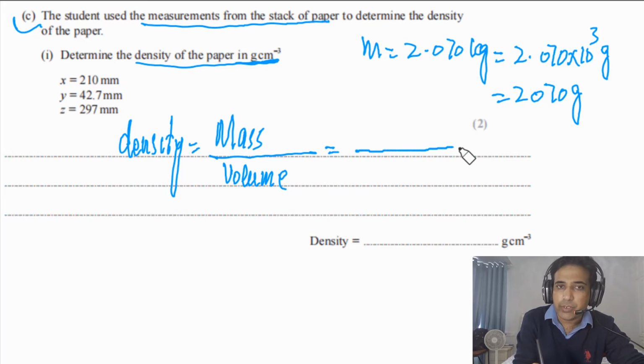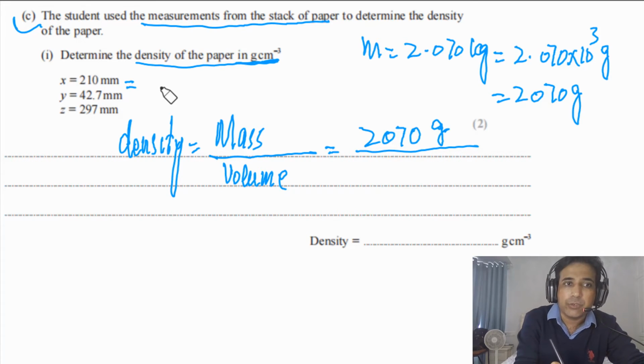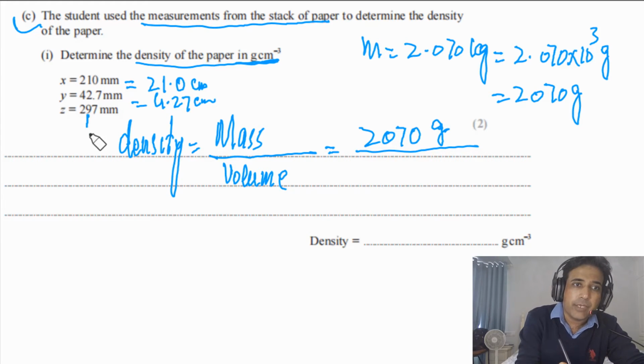So now we can write down the value of the mass, that is equal to 2070 grams. These values are given to us in millimeters, so we can convert them into centimeters. Simply we need to divide by 10. So here we will get 21.0 centimeters, 4.27 centimeters, and 29.7 centimeters.